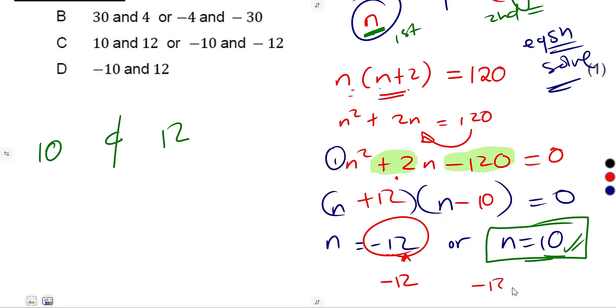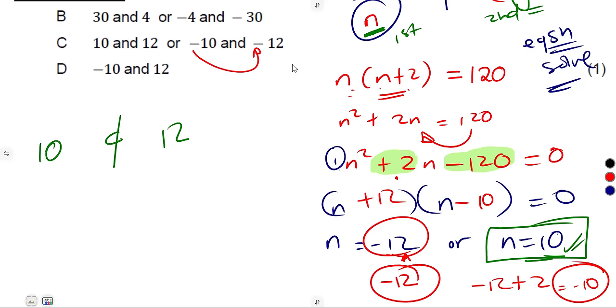If I add a 2 there, I'm going to get negative 10. So it can be minus 12 and minus 10. They can also work, both being negative. Given our answers, they gave them as minus 10 and what? Minus 10 and 12.